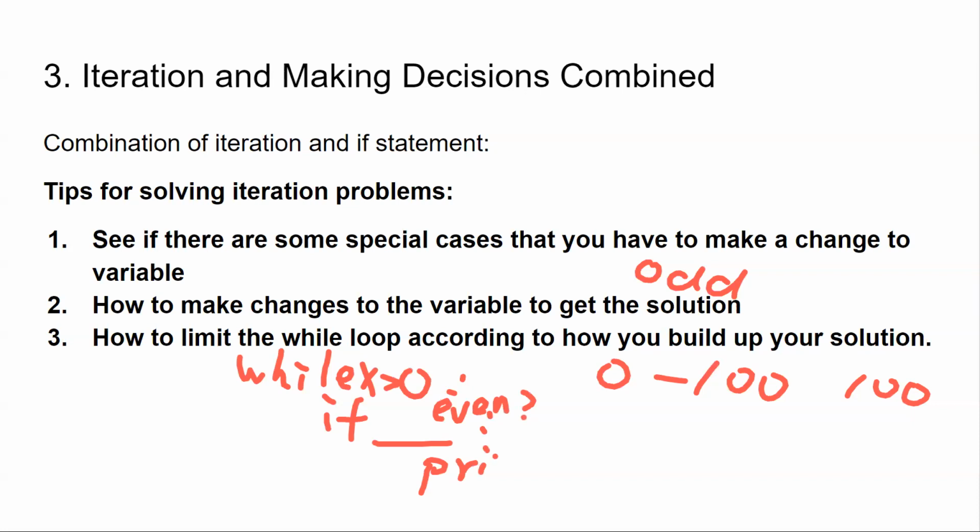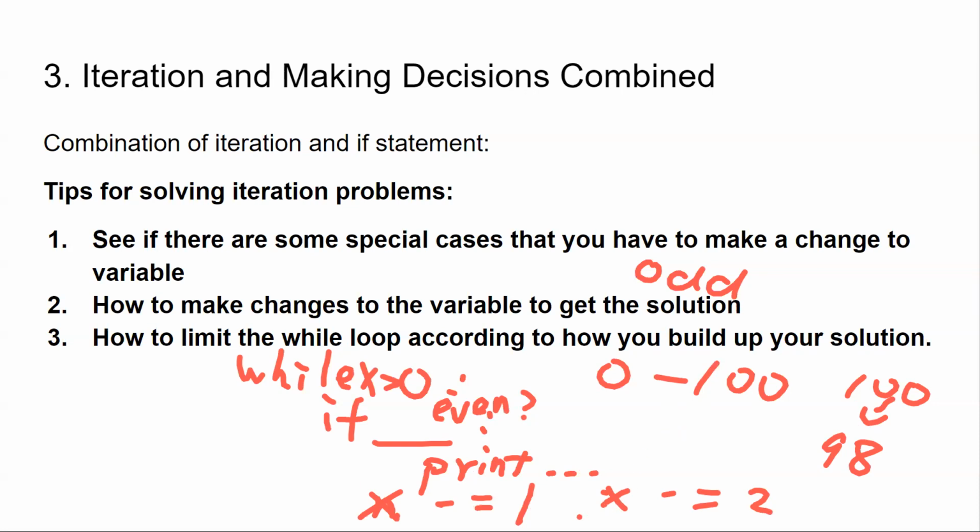So I will print this. How do I narrow it down? Next time, to find the even number, I have to be at 98. You may use x plus equal or minus equal 1 or maybe 2. It's okay. It's just an example of how you narrow it down.